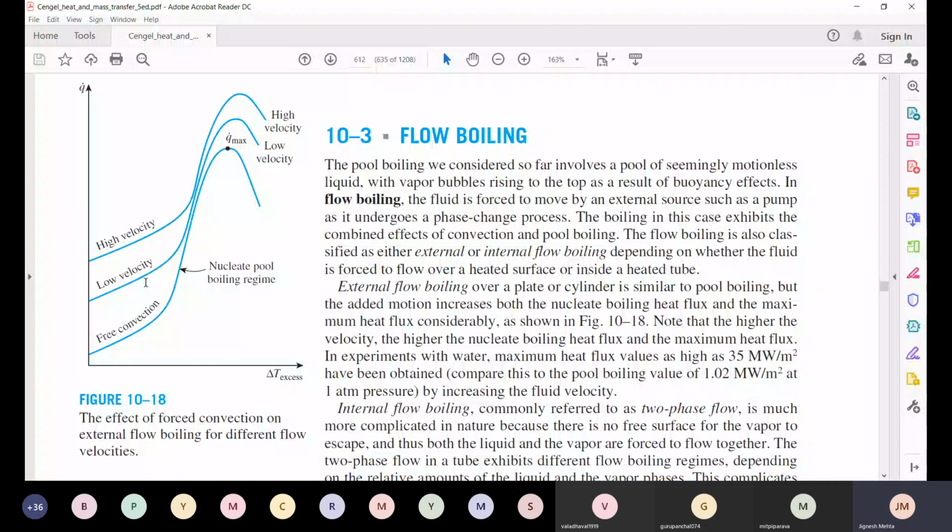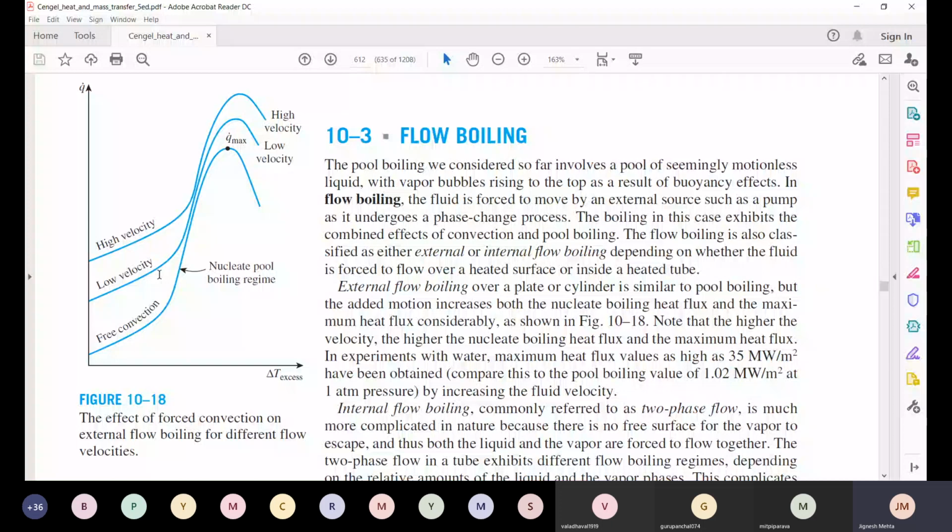and then it is passing through the boiler tubes, and in the boiler tubes there is partial boiling of water taking place. So in such systems, if the velocity is low, then what you see, particularly at low delta T excess, that is, a lower temperature difference between the surface and the saturation temperature, is that you are able to get quite high heat fluxes as compared to the pool boiling case.